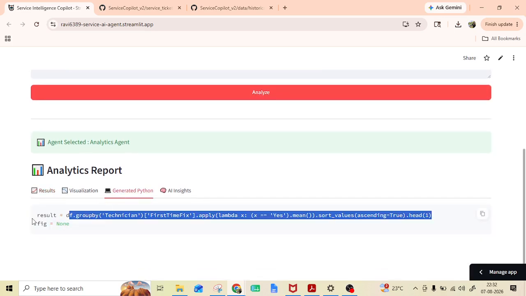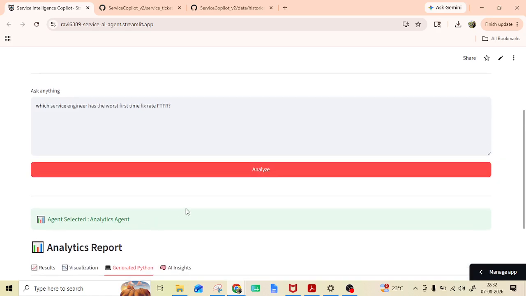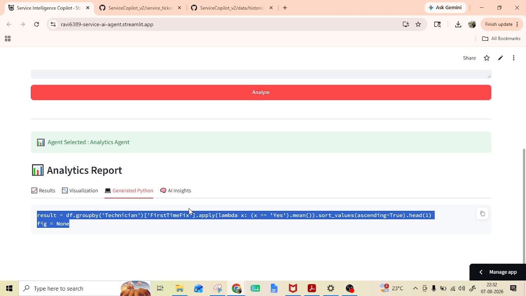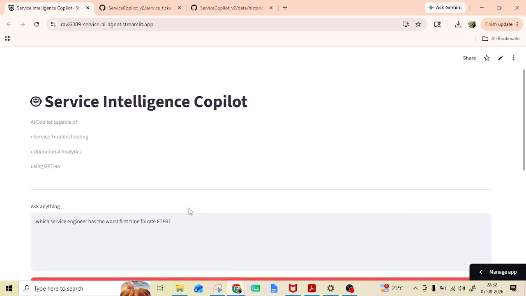As you could see, it first wrote this and then executed it on the fly to give the result to us. So there are two agents deployed here. The first finds out if there are any historical tickets which resemble the current one, and the second understands natural language queries, writes Python code and executes it on the fly to give the answers. This is what the service Copilot does.